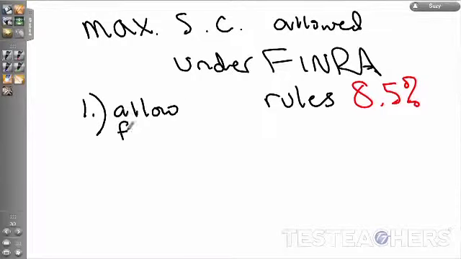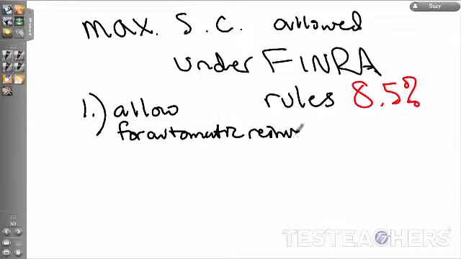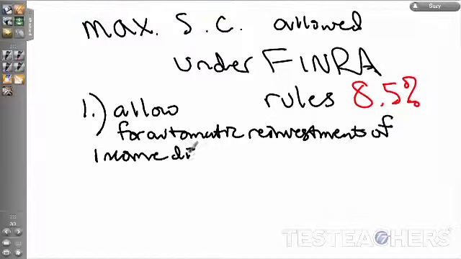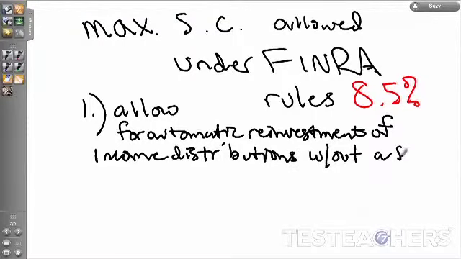Allow for the automatic reinvestment of income distributions. These are the capital gain and dividend distributions without a sales charge. So that's the first thing that they must allow.